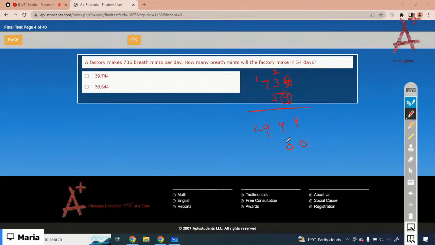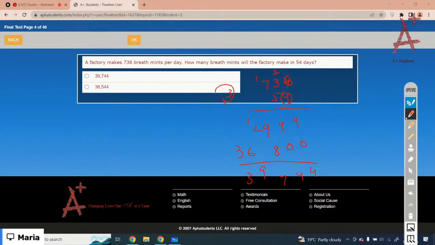Okay, 5 times 6 is 30, 0 and 3 carry. 5 times 3 is 15 and 3 is 18, 8 and 1 carry. 5 times 7 is 35 and 1 is 36. So just add: 4, 4, 9 and 8 is 17, 7 and 1 carry. 6, 7, 8 and 1 is 9, and 3. So it would be 39,744.